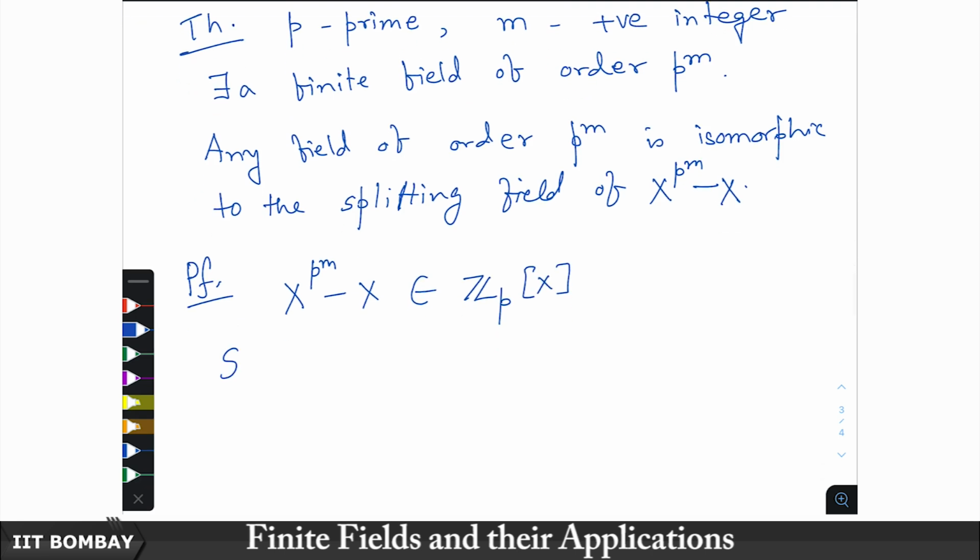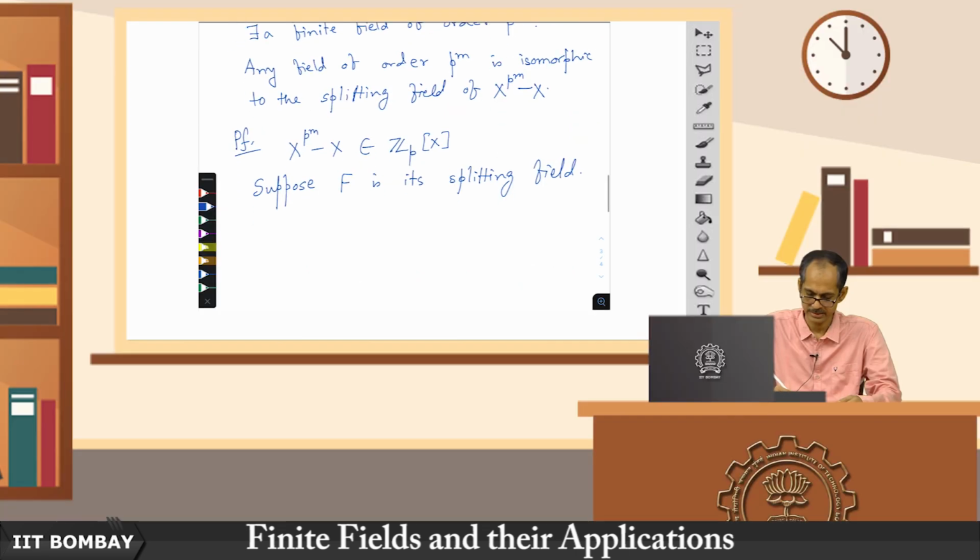Take its splitting field, suppose F is its splitting field, and so it has all the roots of this polynomial, and suppose S is the set of its roots, that is the set of all a in F such that a power p power m minus a is 0.